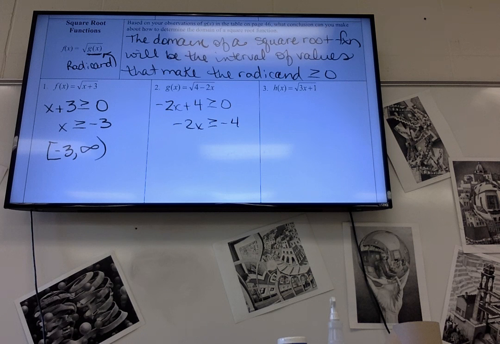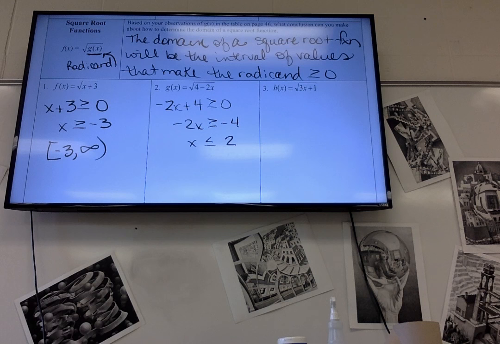And I divided both sides by negative 2. Good. And the sign flips. Good. So x is less than or equal to positive 2. That's absolutely right. If you guys left it as 4 minus 2x is greater than or equal to 0, you should get the same answer. So it does not matter, it works the same.